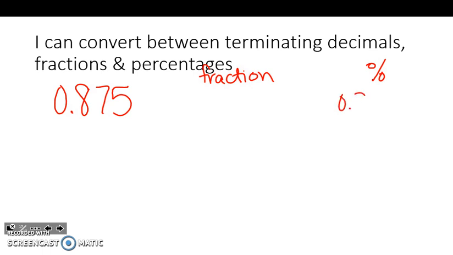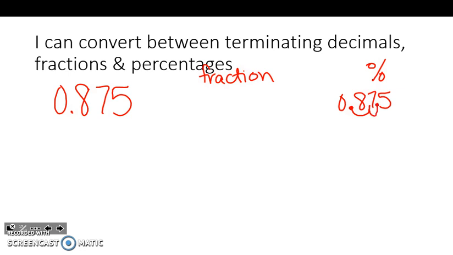So I'm going to come over here and I'm going to write down the decimal again. Okay, so I have 0.875. In order to turn a decimal into a percent, all you have to do is move the decimal, okay? And if you're going from a decimal to a percent, you're going to move it 2 places to the right. So it's right here, so we're going to move it 1, 2.